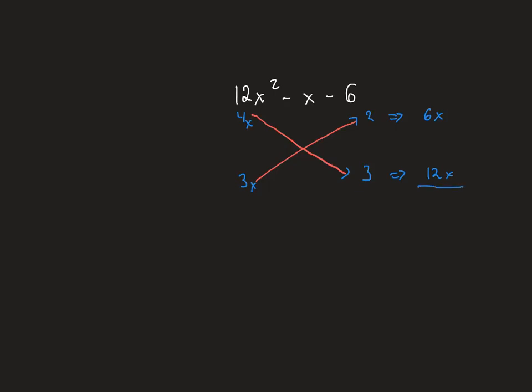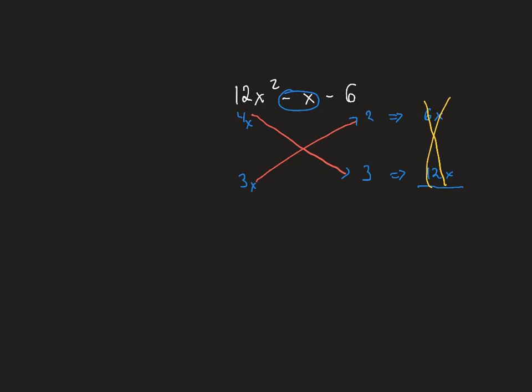So is there any combination of this that's ever going to give me minus 1x? No, there really isn't. So these don't work. You can test them out if you wish. You'll have 12 minus 6, which is 6, 6 minus 12, which is minus 6, and then 12 plus 6, which is 18. None of these are going to give me negative 1.